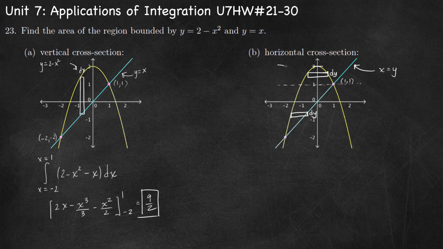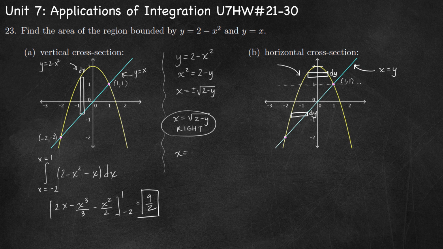Our parabola was y equals 2 minus x squared. Off to the side here, let's solve that for x. y equals 2 minus x squared, which means x squared equals 2 minus y, and then x equals plus or minus the square root of 2 minus y. So x equals plus square root of 2 minus y is the right half of the parabola. x equals negative square root of 2 minus y is the left half of the parabola.